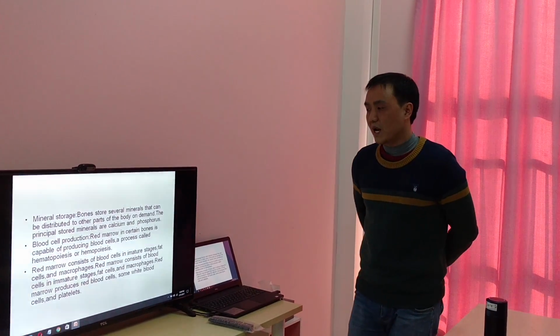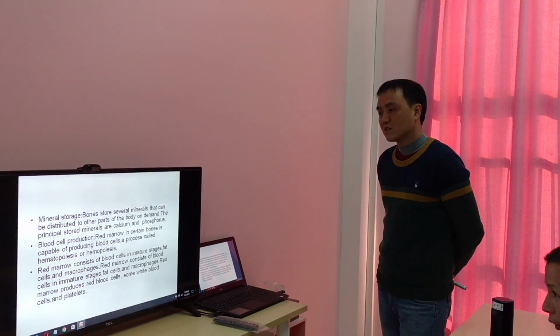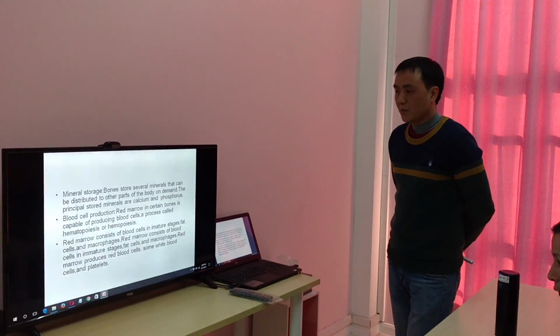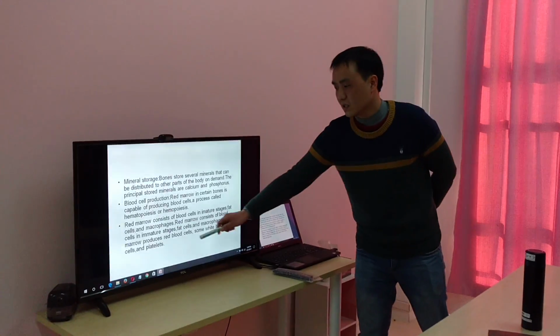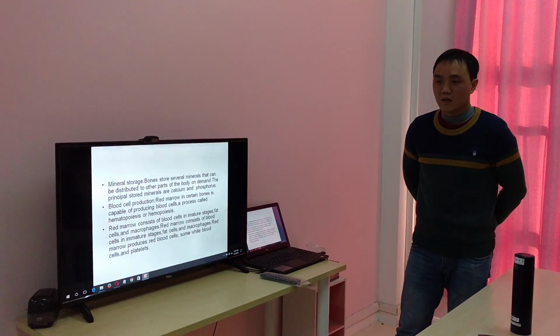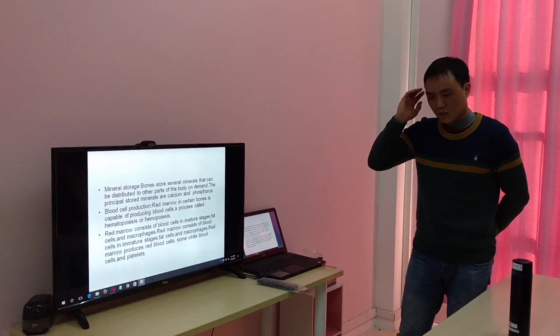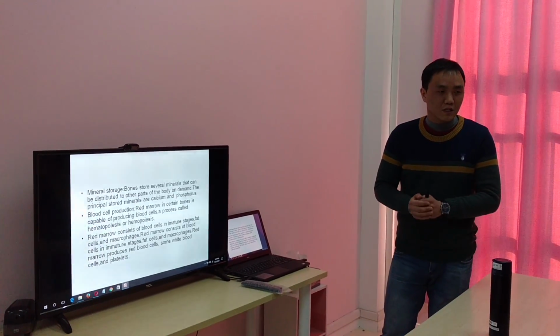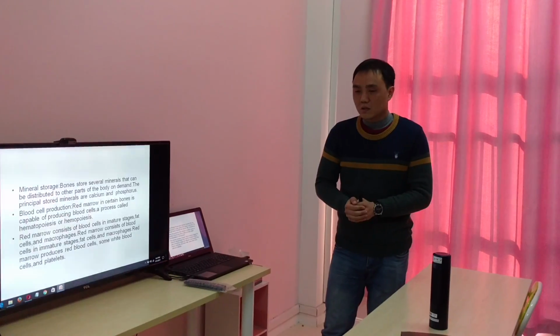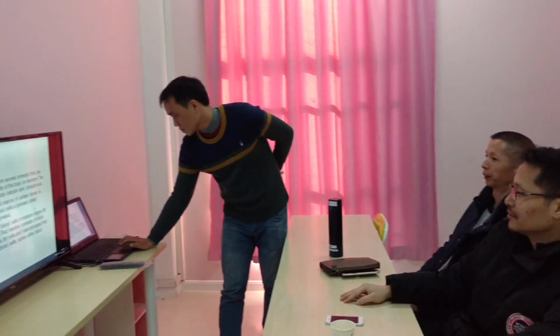Red marrow consists of blood cells in immature stages, fat cells, and macrophages. Red marrow produces red blood cells, some white blood cells, and platelets. These three parts make up the blood. When a patient has a cold, a blood test may show these three lineages decreased.